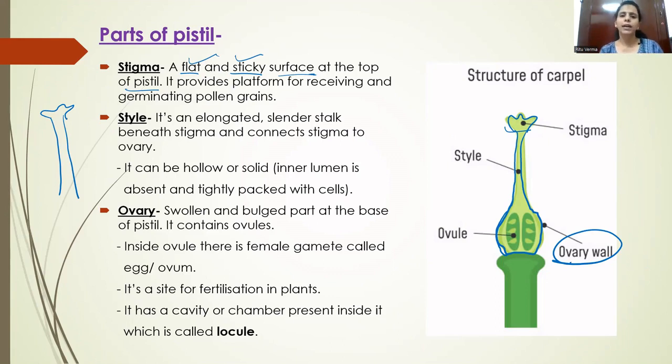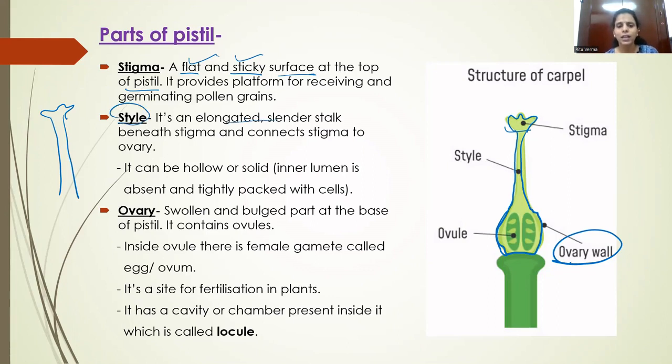So the stigma provides a platform for receiving pollen grain, plus it also helps the pollen grain in germinating. Germination of pollen grain means when the pollen tube forms from the pollen grain. So the stigma is a flat and sticky surface, and it has two functions. First, it provides a platform for receiving the pollen grain, and second, it helps in the germination of the pollen grain.